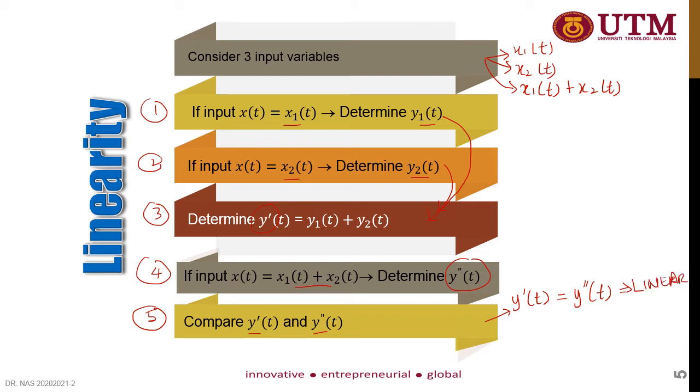Or else, if y'(t) is not equal to y''(t), it is a non-linear system. You need to perform these steps in order to determine whether the system is linear or non-linear.